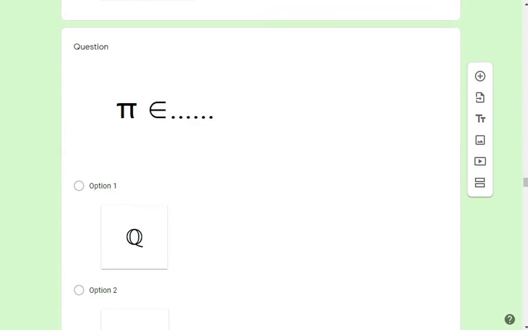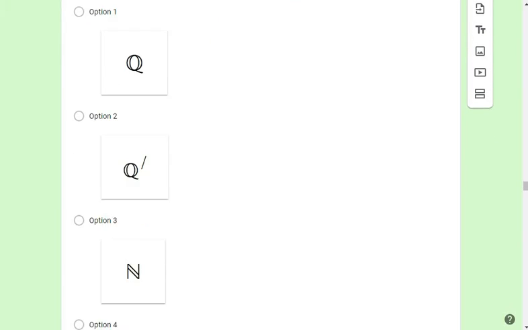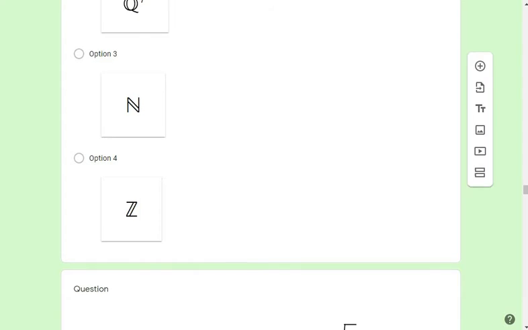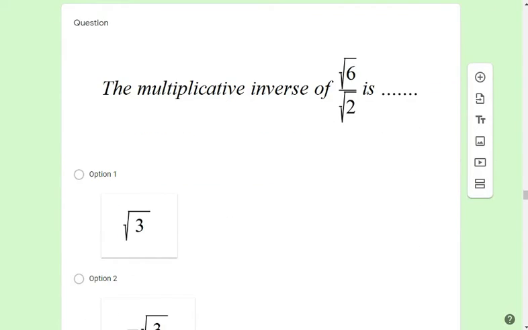The next, y belongs to what? Choose one of the following answers: Q, Q dash, N, or Z. The next, the multiplicative inverse of root 6 over root 2 is what?